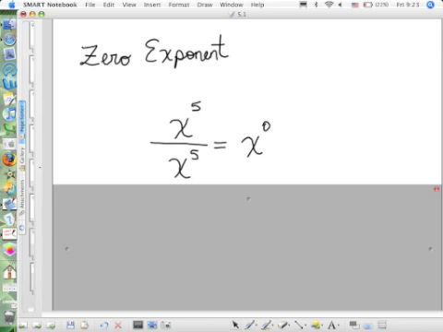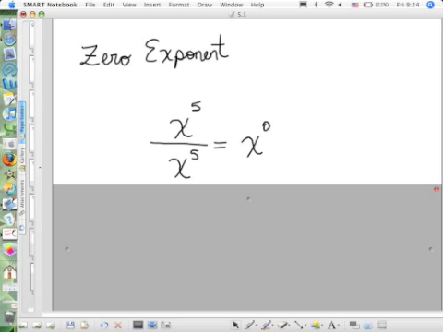Okay, but now let's go back to like 3rd grade. When you divide a number by itself, what is the answer? 1. So x to the 5th divided by x to the 5th is 1 because all of the x's cancel, correct?